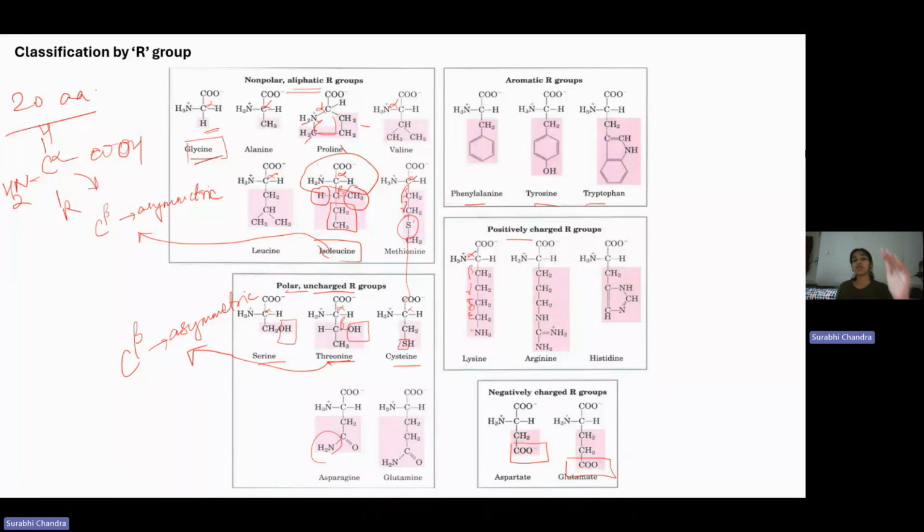Suppose leucine is very abundant, so it was assigned the code L. Then, when there are amino acids starting with the same letter, what they did was use phonetic similarity.